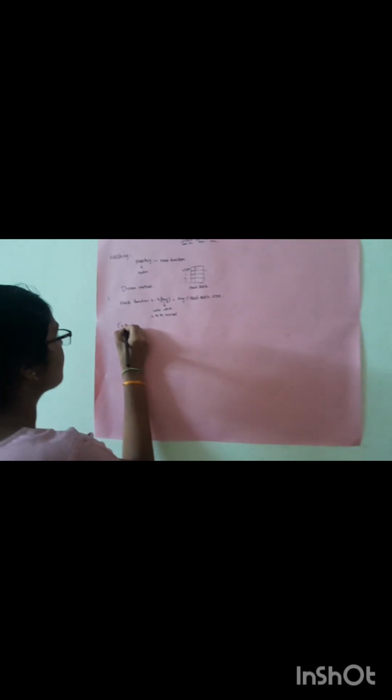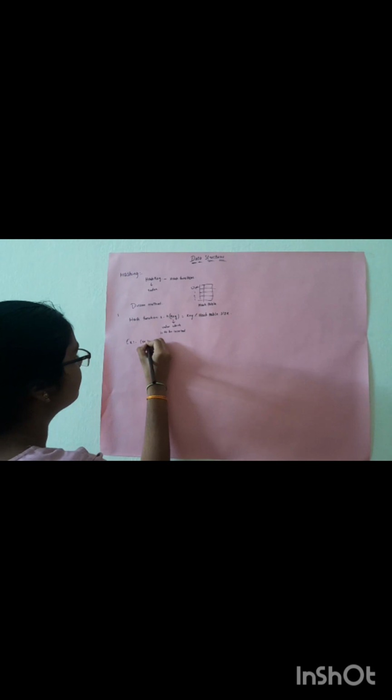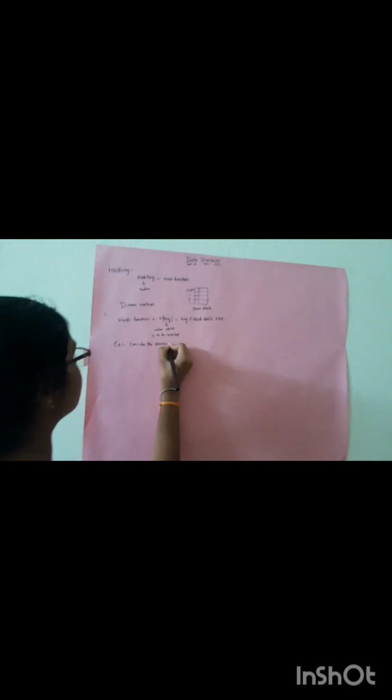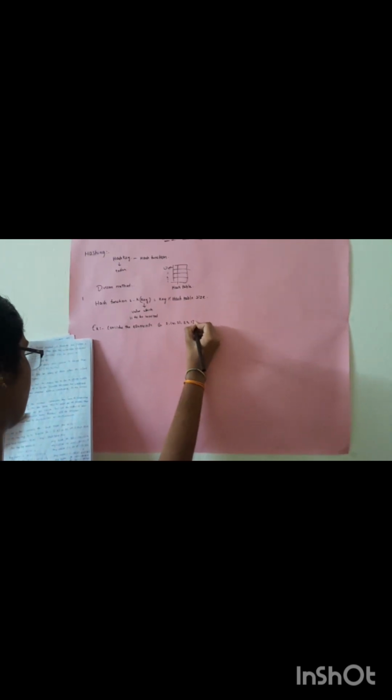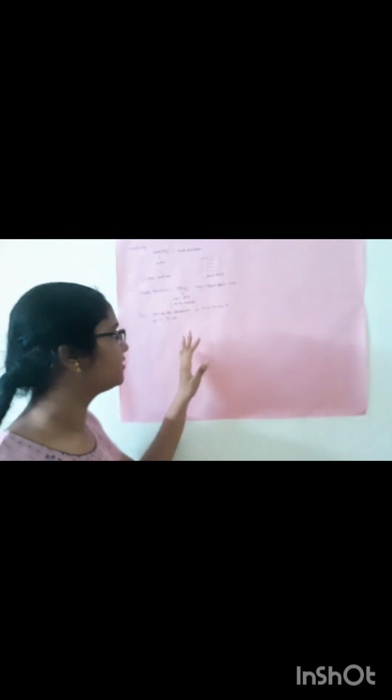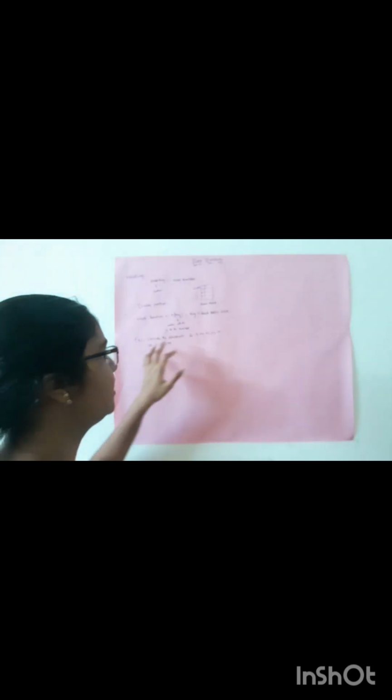Let us go with the example. Consider the elements like this: 6, 2, 40, 33, 29, 17, 55, 11, 8, 48.